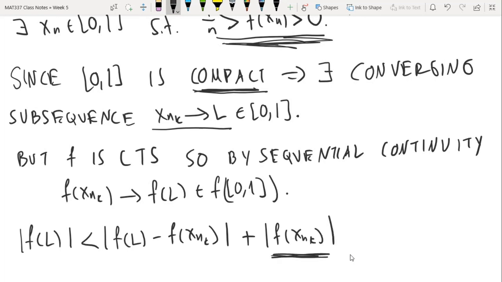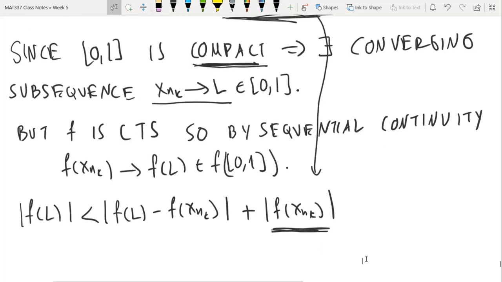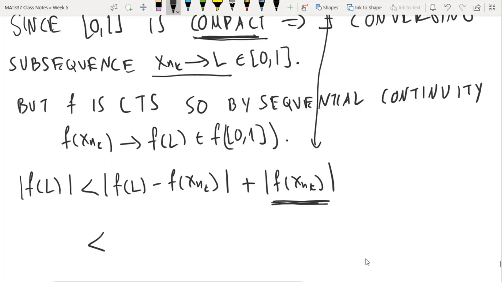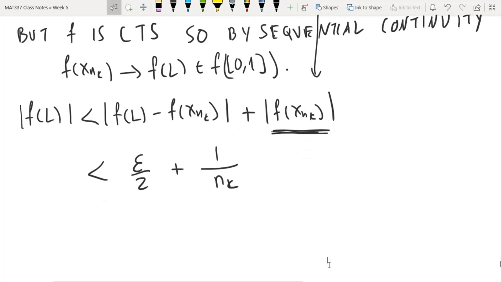Now this one we can control by epsilon over 2 if you like, and this one is less than 1 over n k. So now just take the limits, or write it as epsilon and take epsilon to 0.